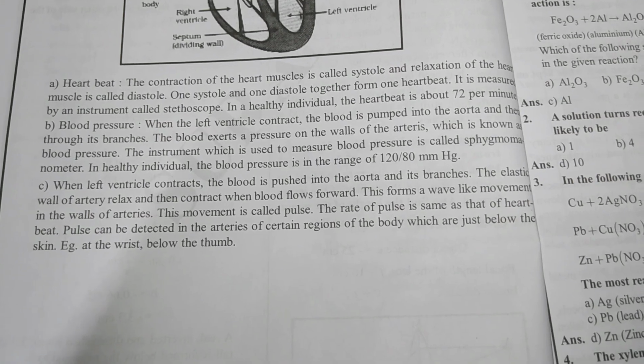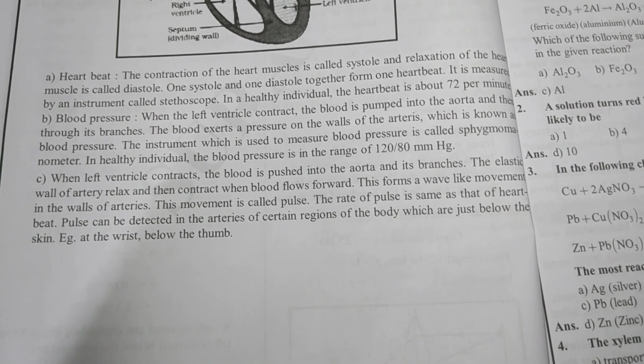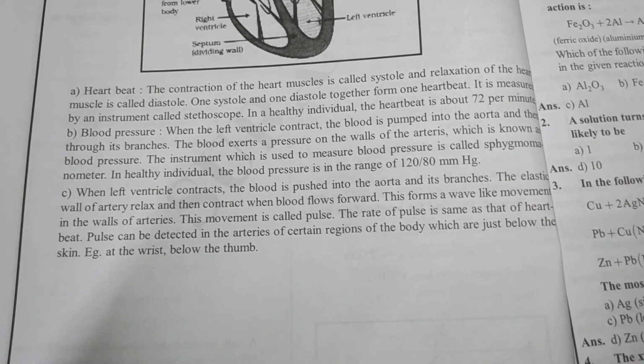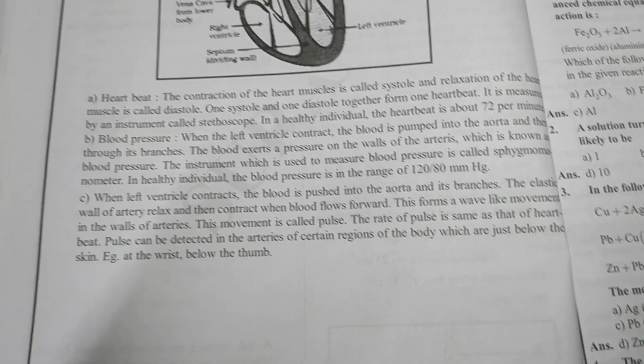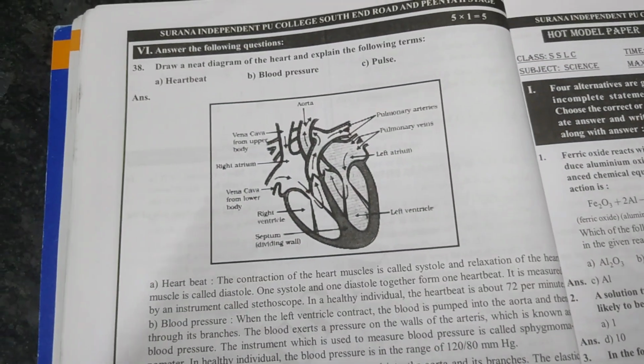The rate of pulse is the same as the heartbeat. It can be detected in the arteries of some regions, like at the wrist, below the thumb, etc. So this is all about our heart, heartbeat, blood pressure and pulse.